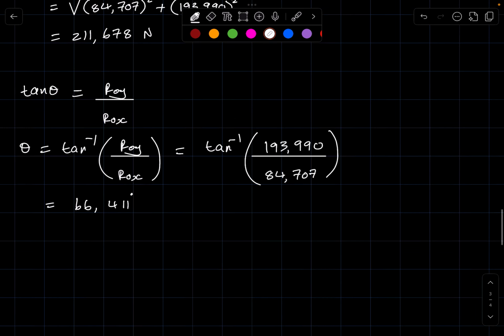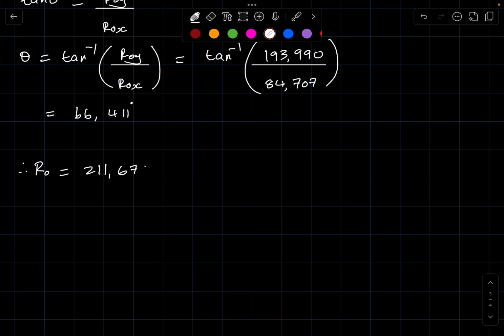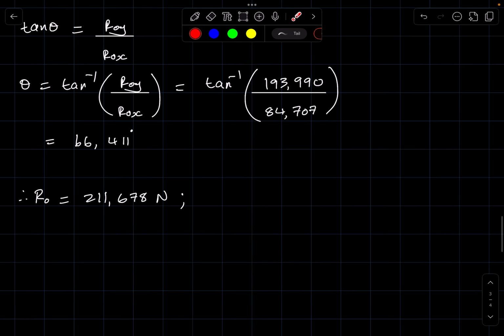Therefore the reaction force, the magnitude is 211,678 newtons. Now in terms of direction, you should know by now that how you write down your direction will be based on where you referenced this angle from.